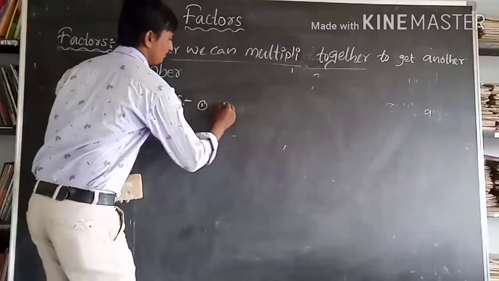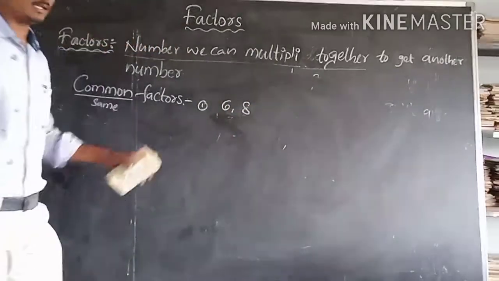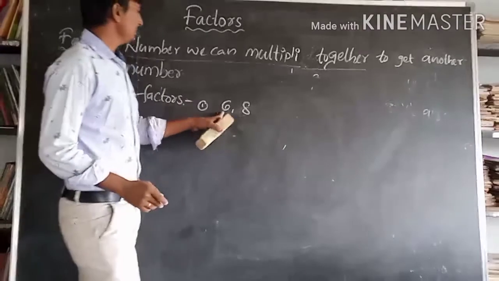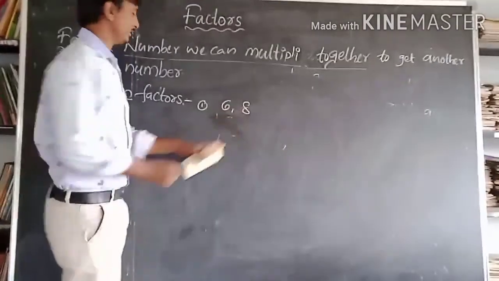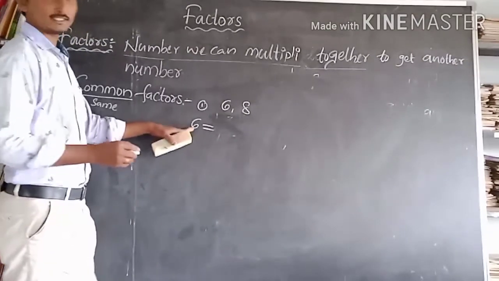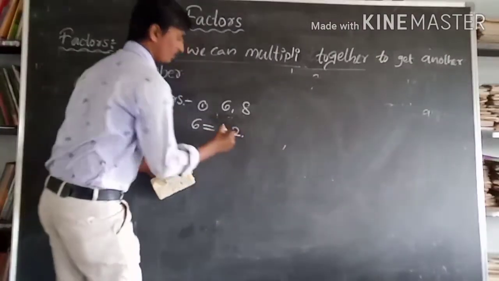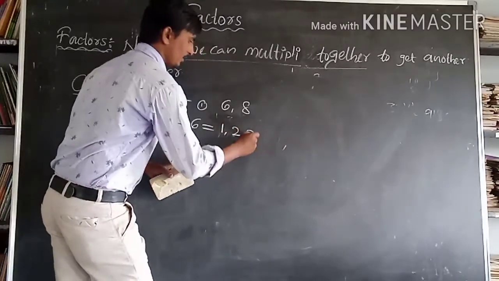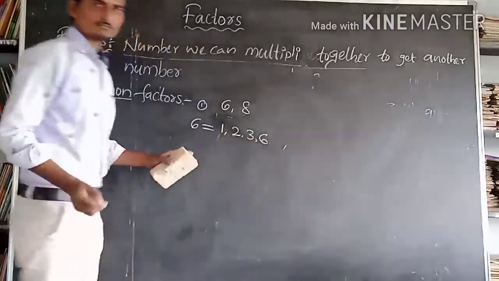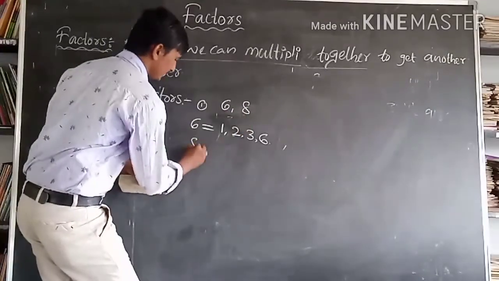Take the example 6 and 8. These are two numbers. Now find the factors of each. Now find the factors of 6. How many factors will come in 6? 1, 2, very good, 3 and 6. Will one more come? No chance. And we'll take 8.